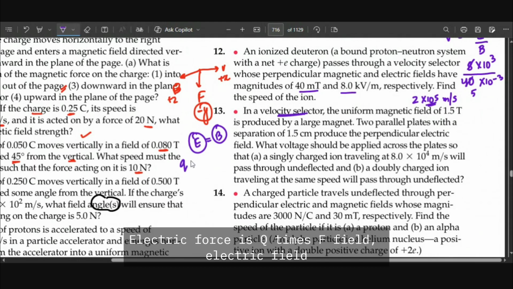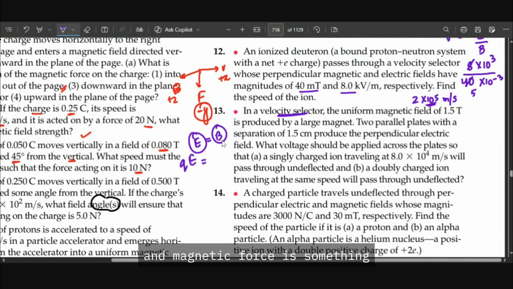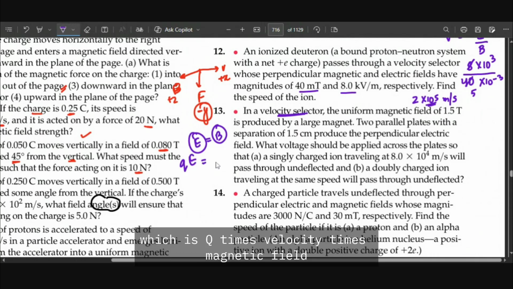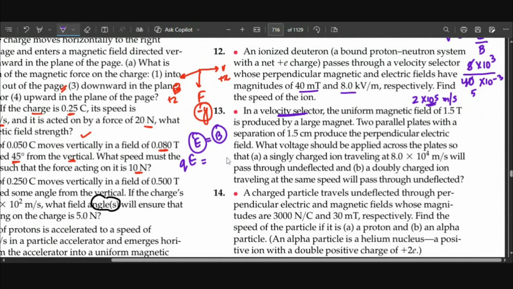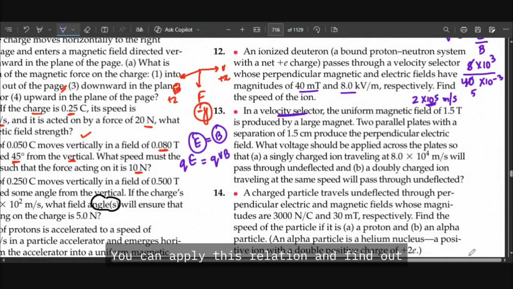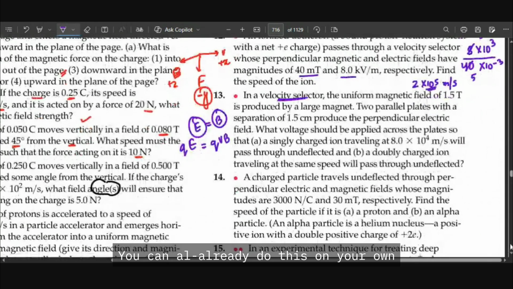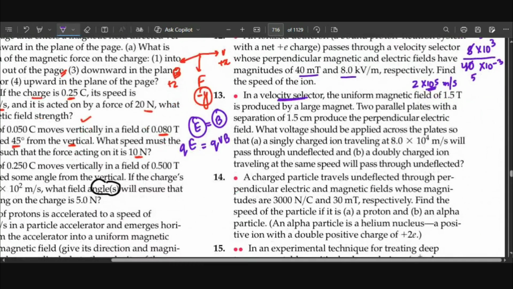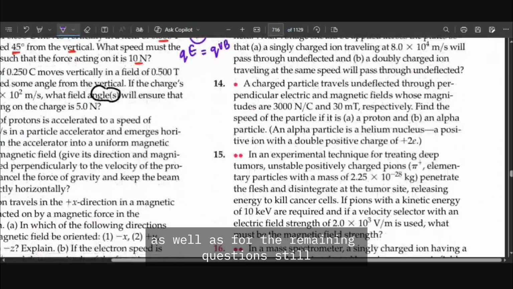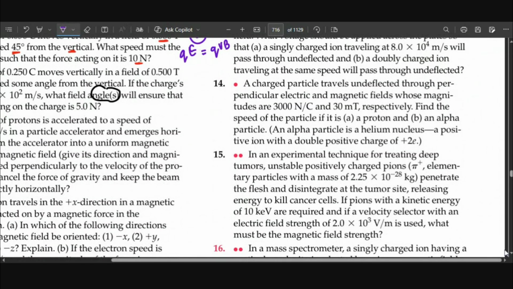Electric force is Q times electric field, and magnetic force is Q times velocity times magnetic field. That's all. You can apply this relation and find out, and you can already do this on your own. A pretty simple thing. Apply the same formula for velocity as well as for the remaining questions till question number 14th.